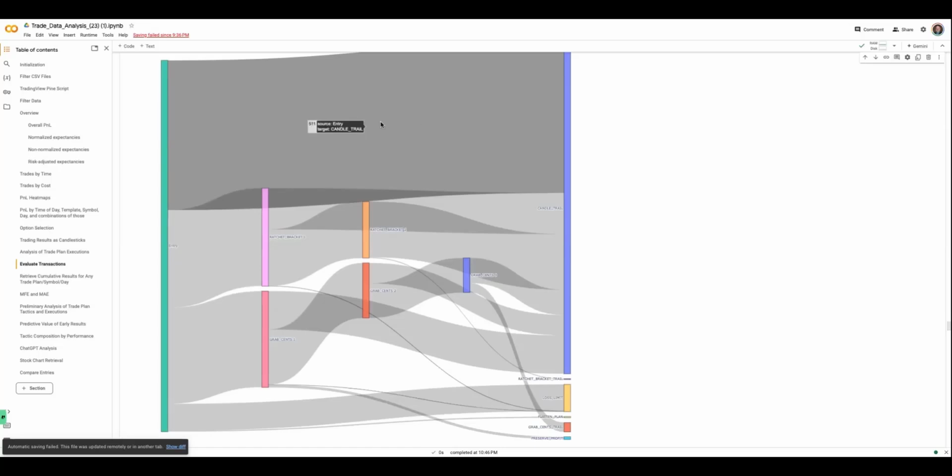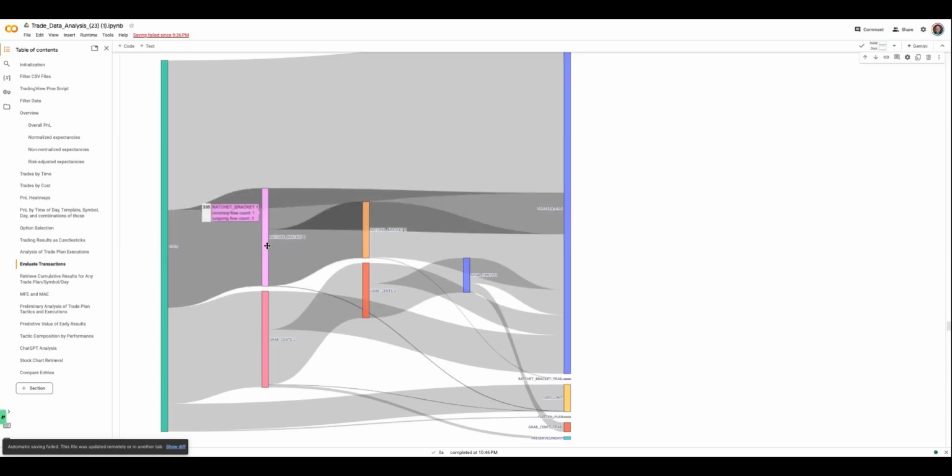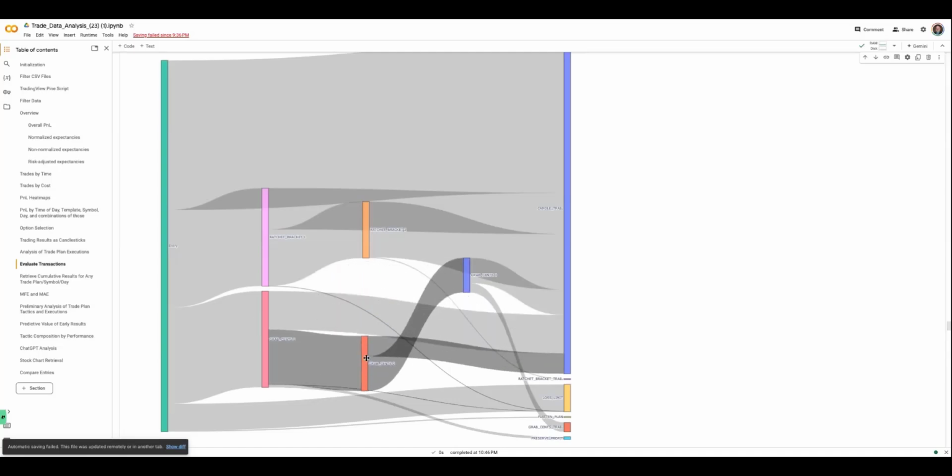Candle trail, 511 of them. 334 hit the first target with ratchet brackets, and 328 hit the first target in grab sense. Here's the grab sense 1 to grab sense 2, 188 made it there.